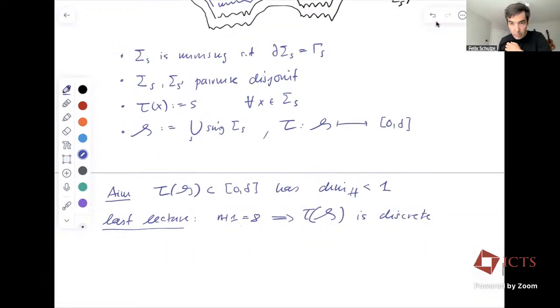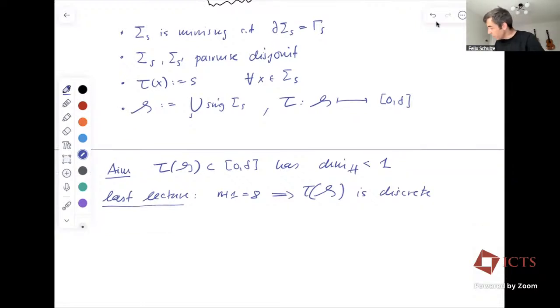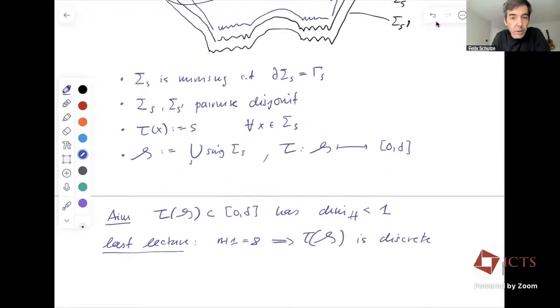So even better in that case. Now let's come to higher dimensions. Are there questions so far, before I continue with the setup? No. Okay, good. Let's go to higher dimensions.